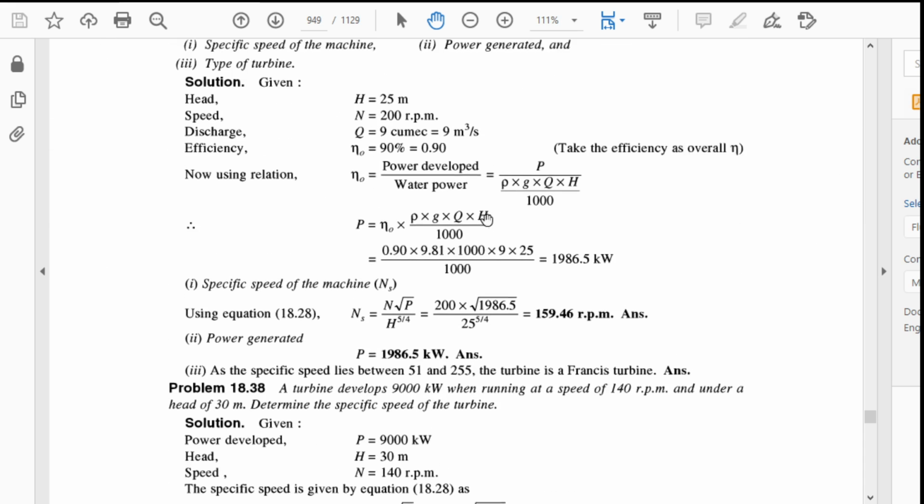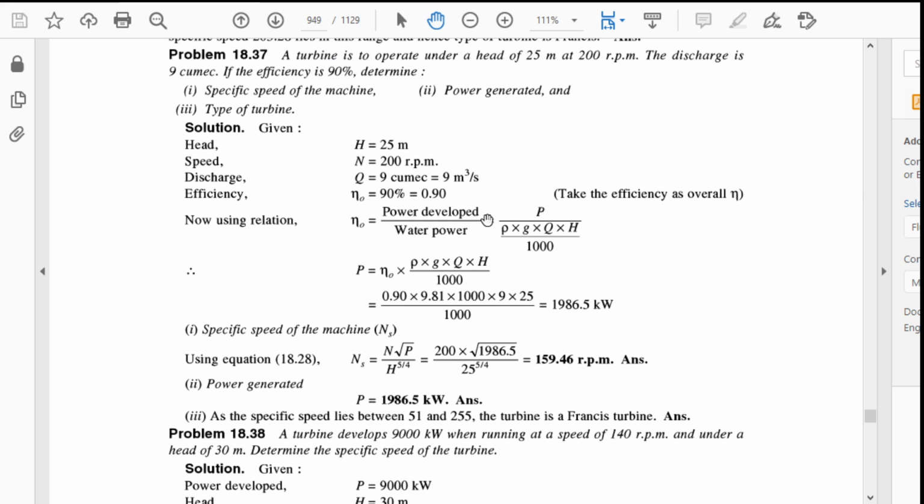Now the second numerical: a turbine is to operate under a head of 25 meters at 200 rpm. The discharge is 9 cubic meters per second. If the efficiency is 90%, determine the specific speed of the machine, power generated, and the type of turbine.